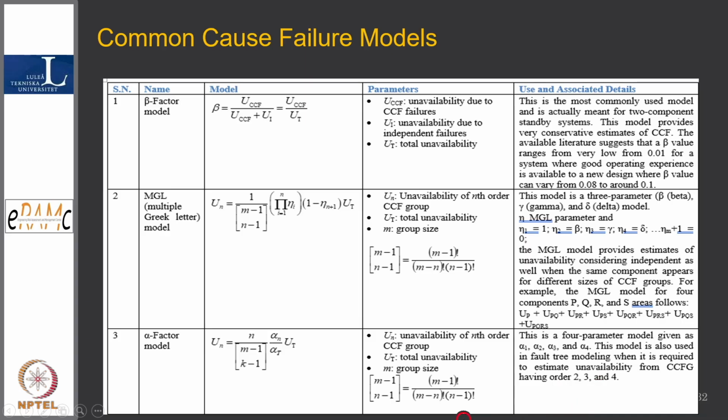Since you have to get a sense of the system, our scope will probably cover only common cause failure using the beta factor model. If you are interested, you can see the rest for the sake of completeness.